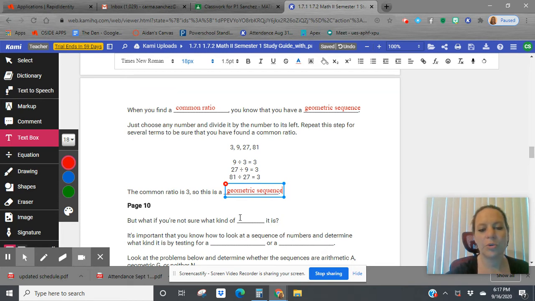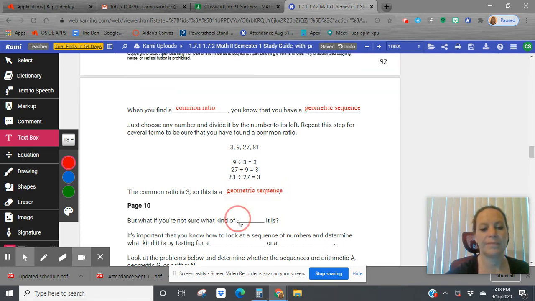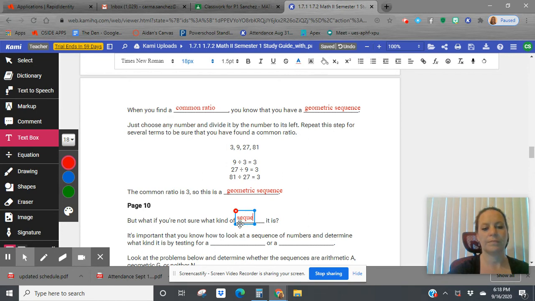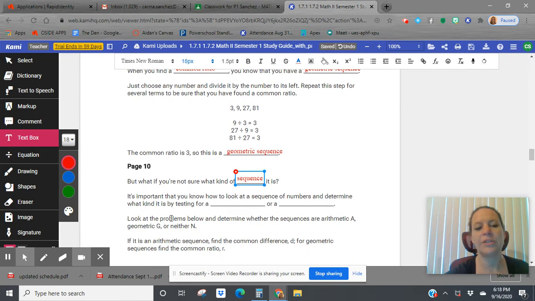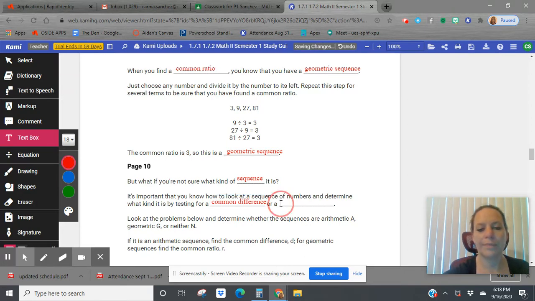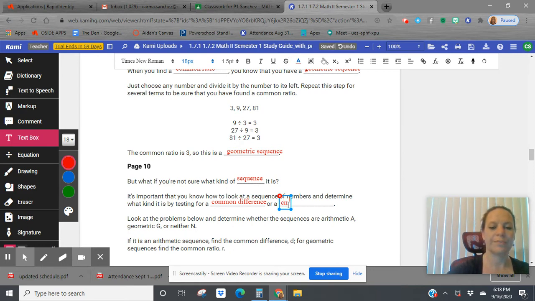But what if you're not sure what kind of sequence it is? It's important that you know how to look at a sequence of numbers and determine what kind it is by testing for a common difference or a common ratio.